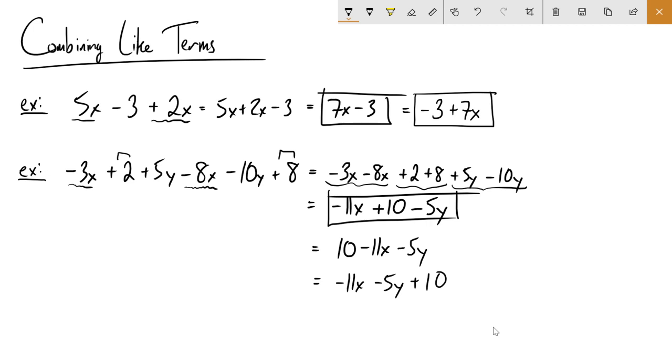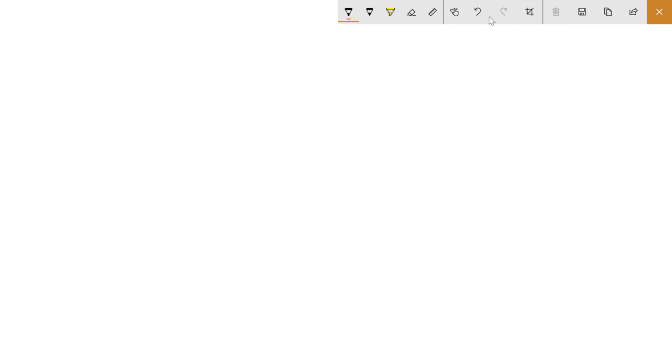Yeah. So can it be negative 11x squared or not? Well, okay, so higher powers are not like terms. That's a good question. So, for example, let's say we had 8x squared plus x minus x squared plus 3x plus 5 or something, right?